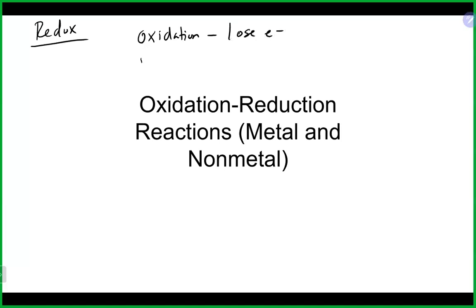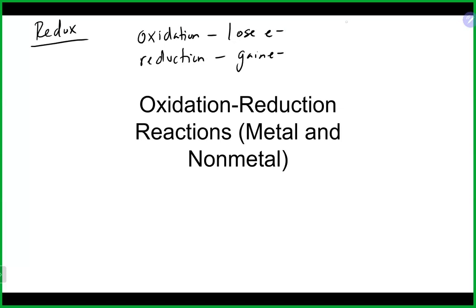And if something goes through what is known as reduction, it will gain electrons. They always happen together. So if somebody is going through oxidation and losing electrons, somebody else is going to go, thank you very much, and pick up the electrons, and they're going to gain the electrons.